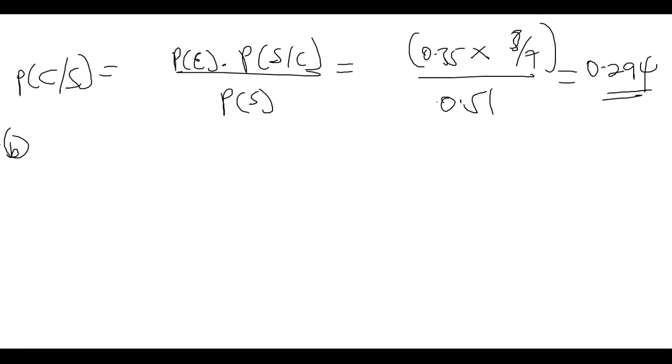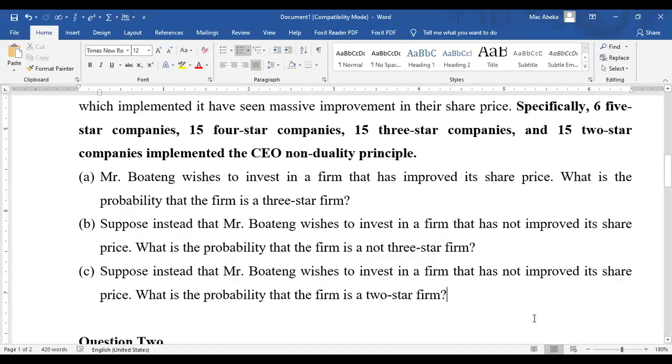Now, the second requirement of the question says that suppose instead that Mr. Boateng wishes to invest in a firm that has not improved its share price. What is the probability that it is not a 3-star? Okay.